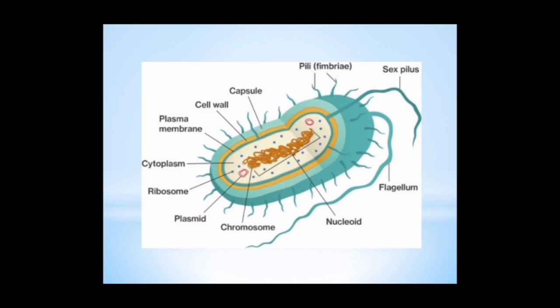Most bacteria have a single circular chromosome that is responsible for replication, although a few species do have two or more. Smaller circular auxiliary DNA strands called plasmids are also found in the cytoplasm.